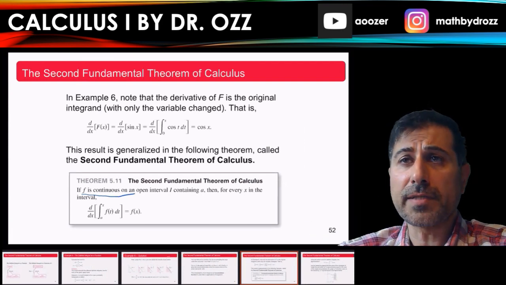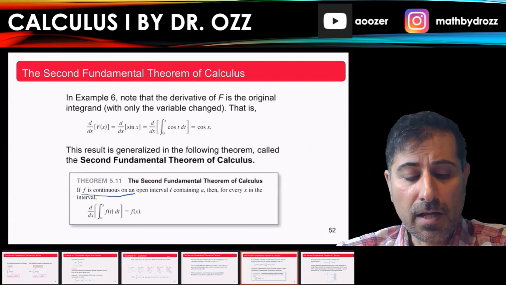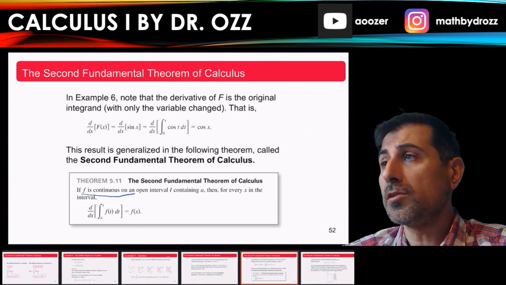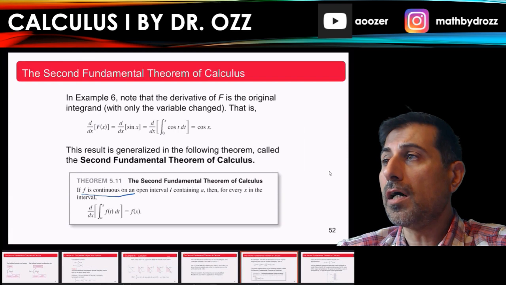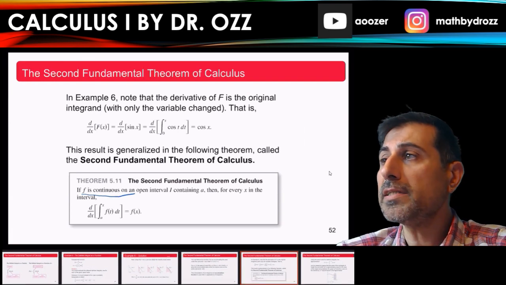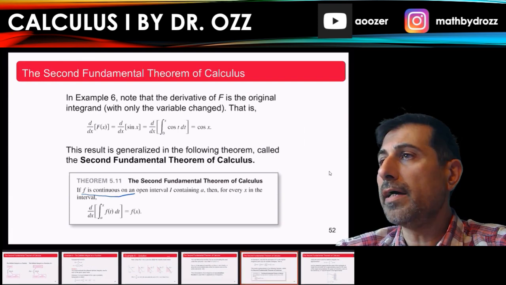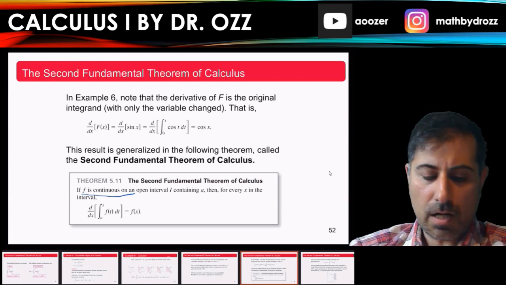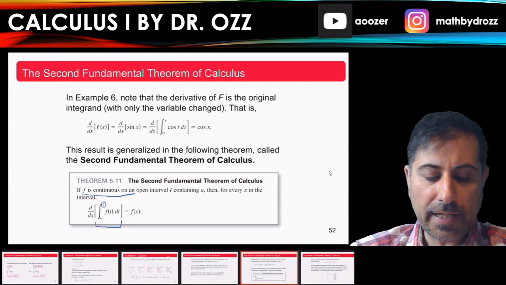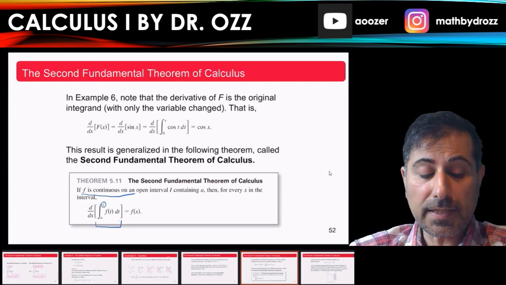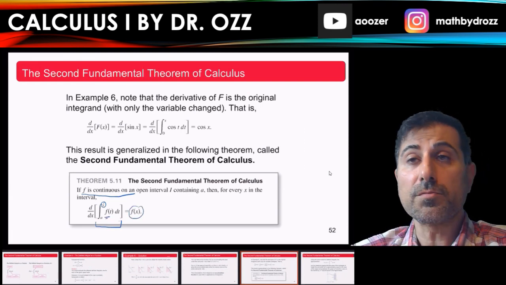All right. So now it's the best time to talk about the second fundamental theorem of calculus. So here's the statement of that. If you have a continuous function on an open interval I containing the lower limit, then for every x in the interval, I can take the derivative of this definite integral where the upper limit is x, and I can get exactly the same integrand but written in terms of x.